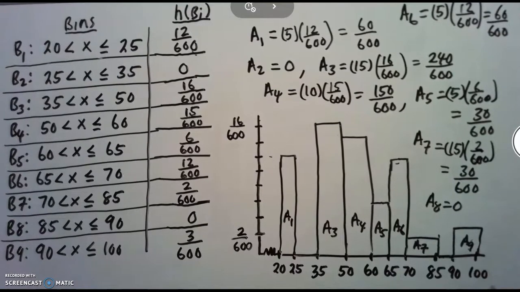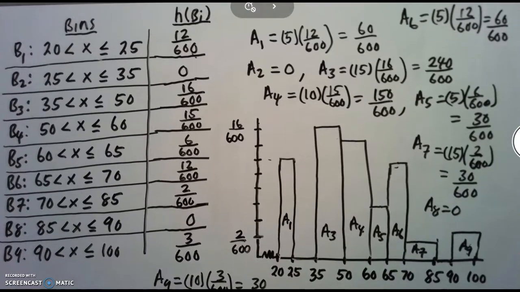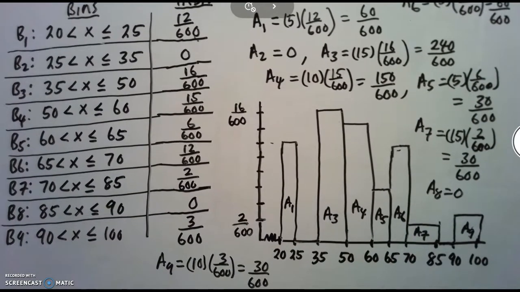This is A9 here. And A9, that's going to be 10 times the height of A9 will be 3 over 600, which would be 30 over 600. It'd be 30, right up here, 30 over 600.